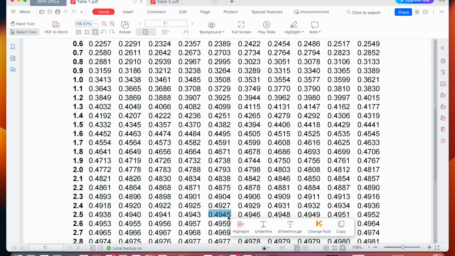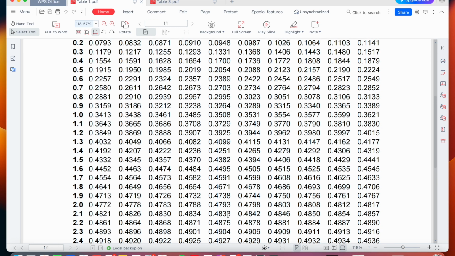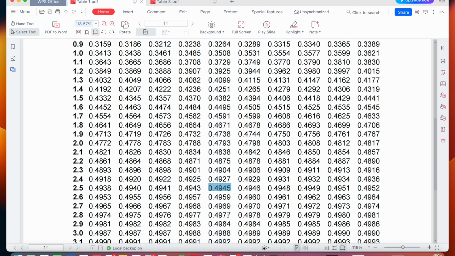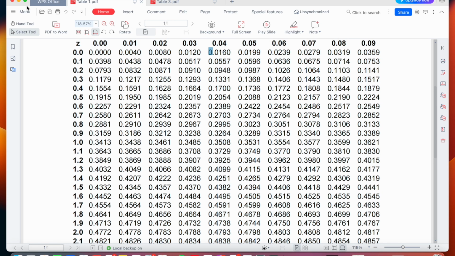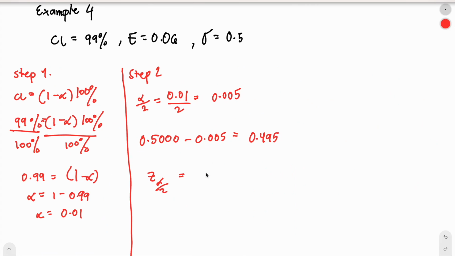So that is 2.5 and 4, so 0.04. So that is 2.54.